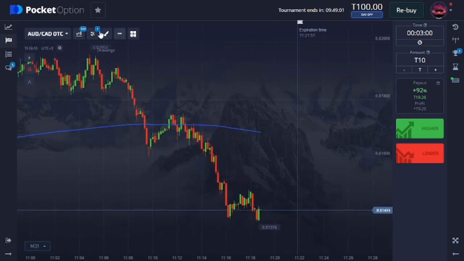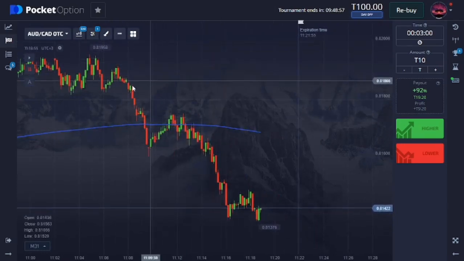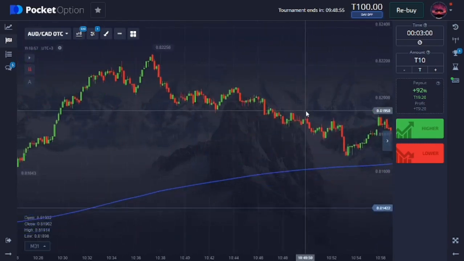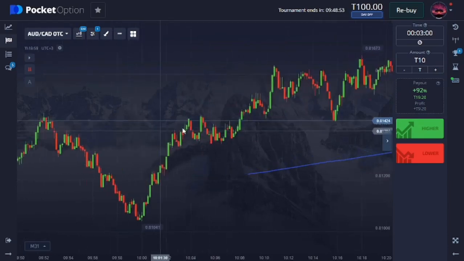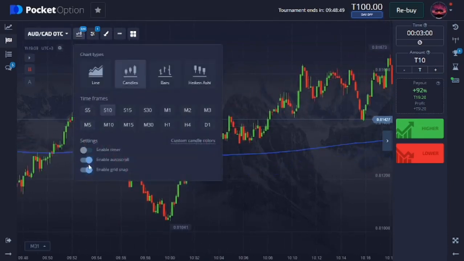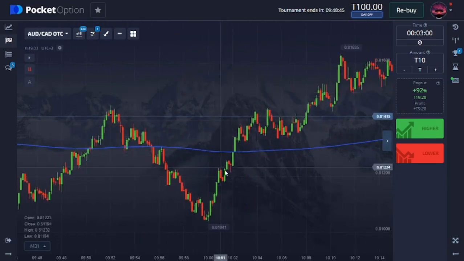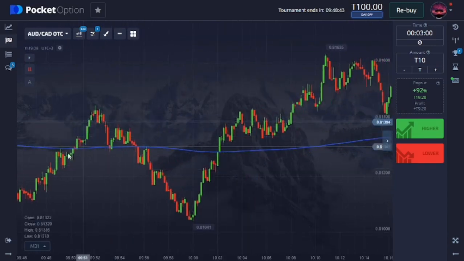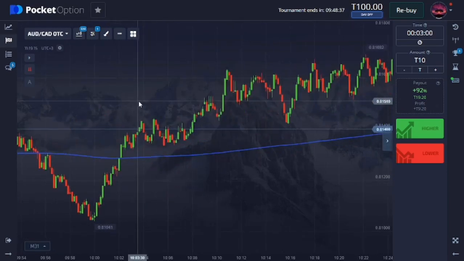Okay, on the contrary, when the price is above this moving average, we want to be buying. Okay, just like here. Let me just adjust this one so it will not change. So when the price is above this moving average, we want to be buying.